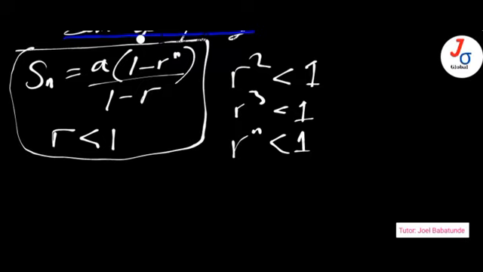And if that's the case, as n becomes large, R^n tends towards 0. How exactly do I know? As n tends towards infinity, R raised to the power n tends towards 0.